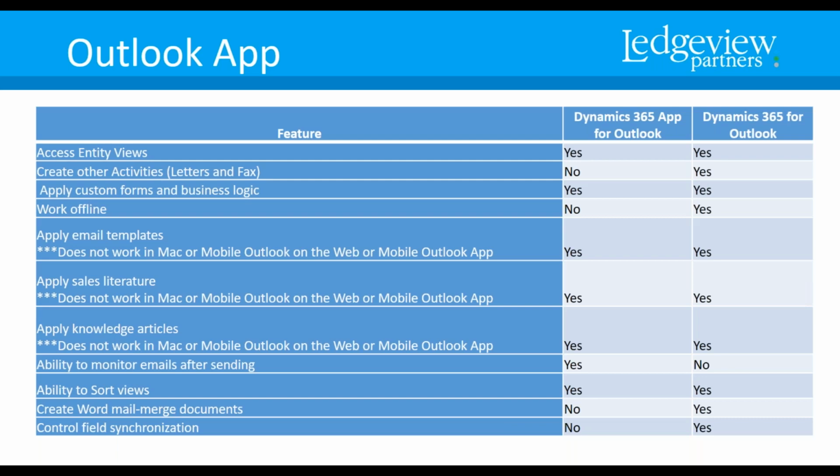It works in many more platforms than the Outlook client, meaning it works on your phone, it works on Macs, and it works on OWA. These are features that were not available for the client. The client is one of those features that is not receiving any more attention. The app is the direction of the future for the Outlook integration.